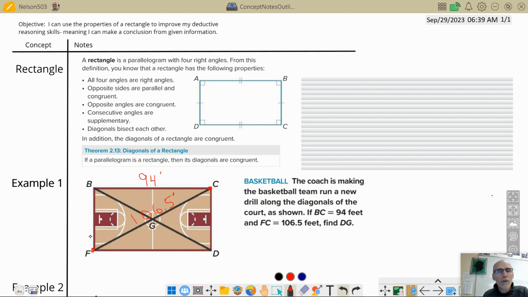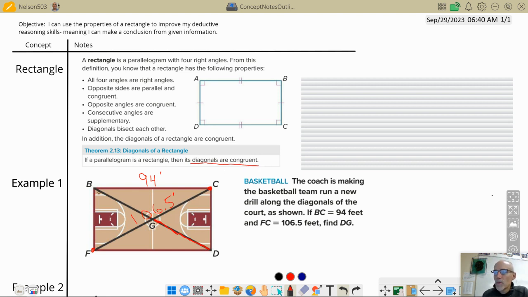Okay. Now, if they asked us to find the width of the rectangle or the width of the basketball court, we could use the Pythagorean theorem, but they're not asking for that. They're asking for DG. So I look right here and I say, okay, well, they want this piece right here. Did they tell us the length of the other diagonal? No, but right up here it says that the diagonals are congruent. Sorry, I'm not pointing to the right stuff quickly enough.